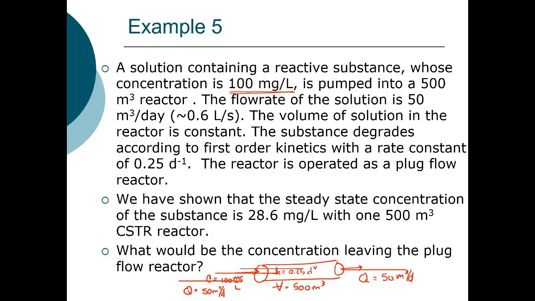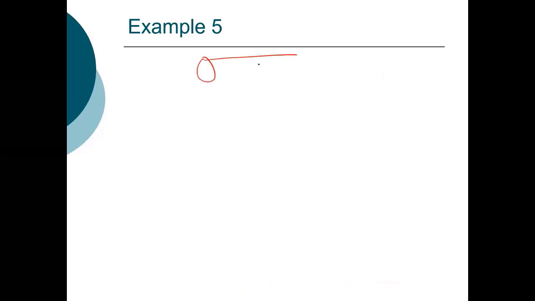So we showed that with a CSTR, using these conditions, we would end up with a concentration leaving of 28.6. So what is the concentration leaving the plug? Is it 28.6? Is it greater than? Is it less than? What do you think? Okay, we have one brave soul, 28.6. Anyone else want to redraw?